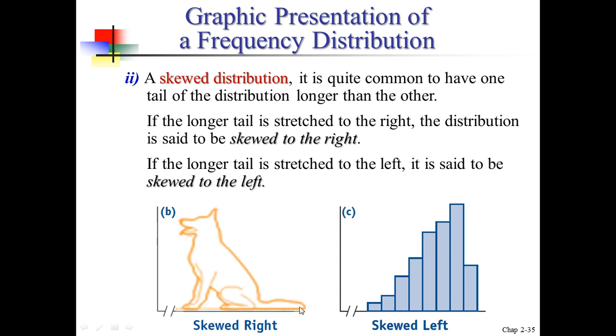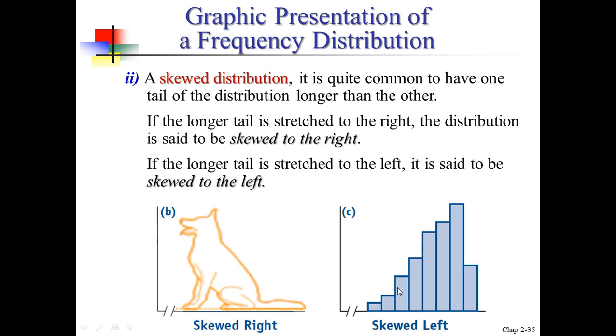That's why the tail is on the right. When you read this one, left hand side is there, right hand side is there. That's why the tail on the right hand side means skewed to the right. Our histogram shape is skewed to the right because the tail is on the right and the head on the left.